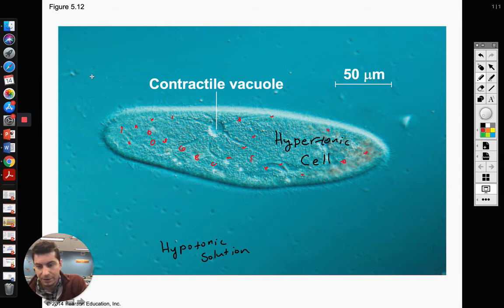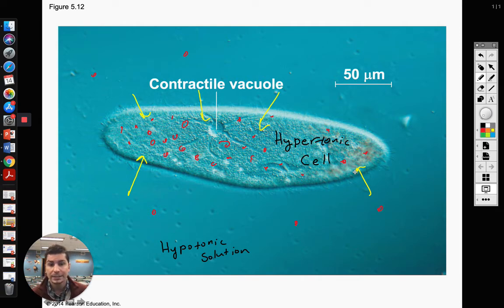And there's going to be very little solute outside. We could even draw some more in here. There we go. So, which way is water going to go? Well, it's going to go where there's more solute. So the water is going to go into the cell. Okay? Water goes into the cell.